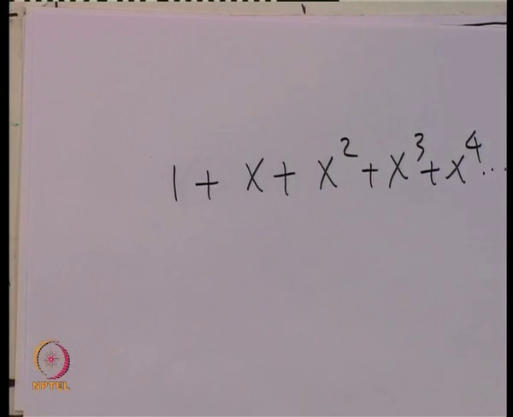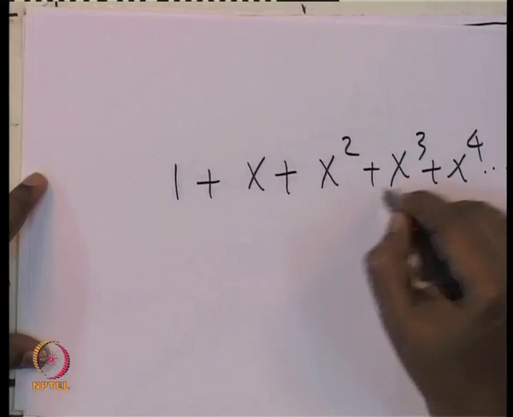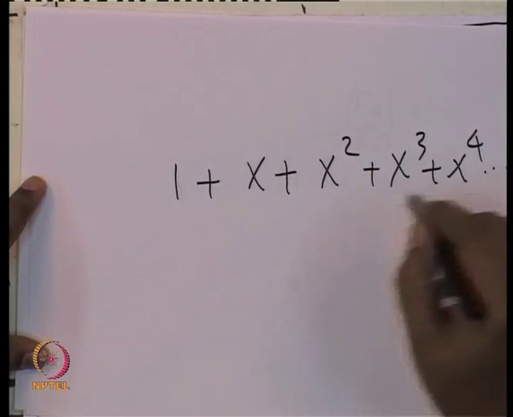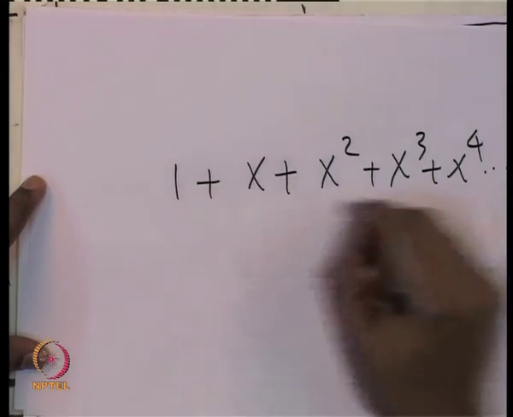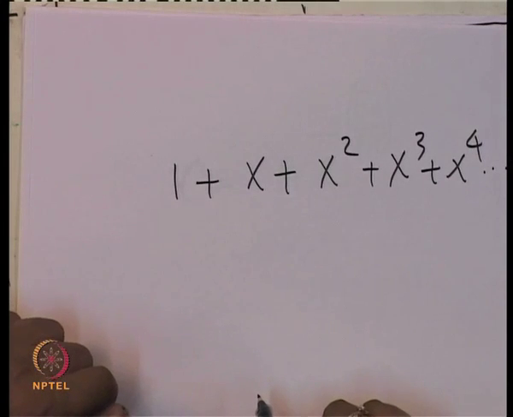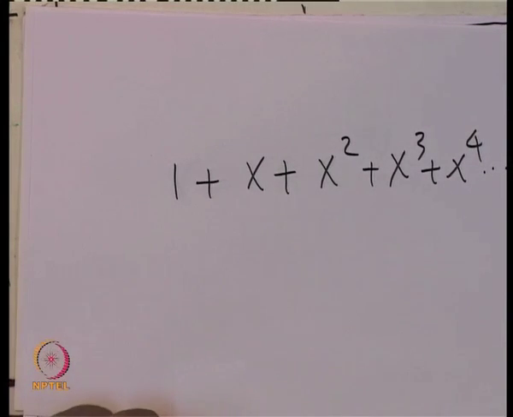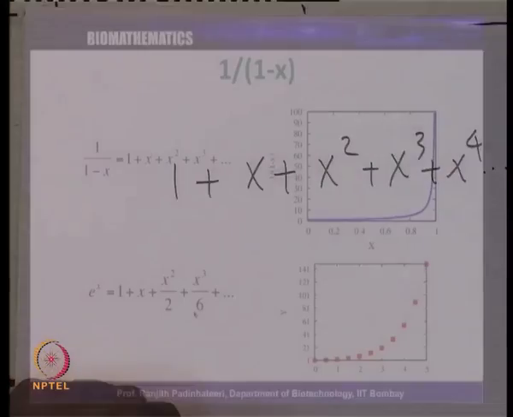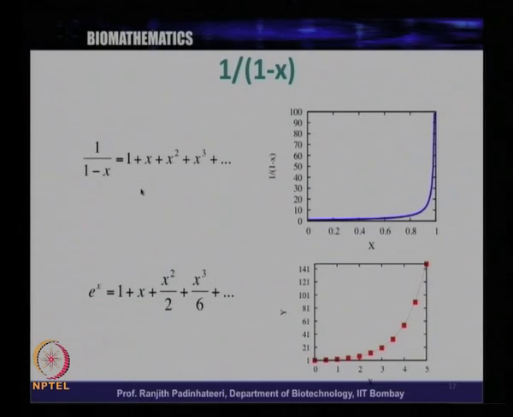When we said e power x, we had some coefficients here divided by something, but without any of this, if we just write this, does this give anything? It turns out that it does. If you add this, 1 plus x plus x square plus x cube and so on and so forth, you get a function called 1 by 1 minus x.